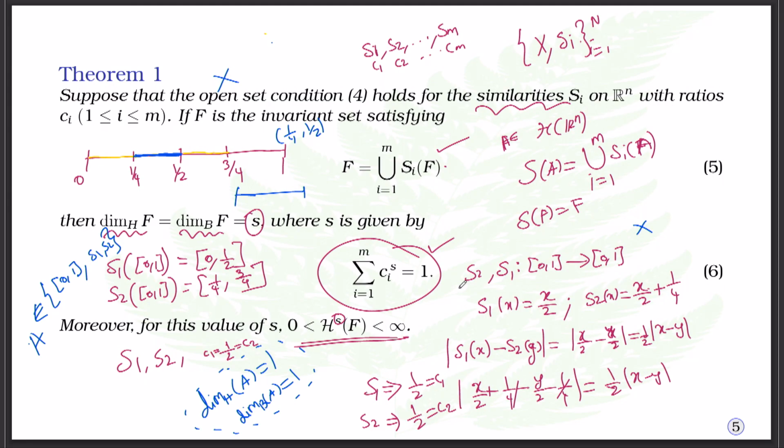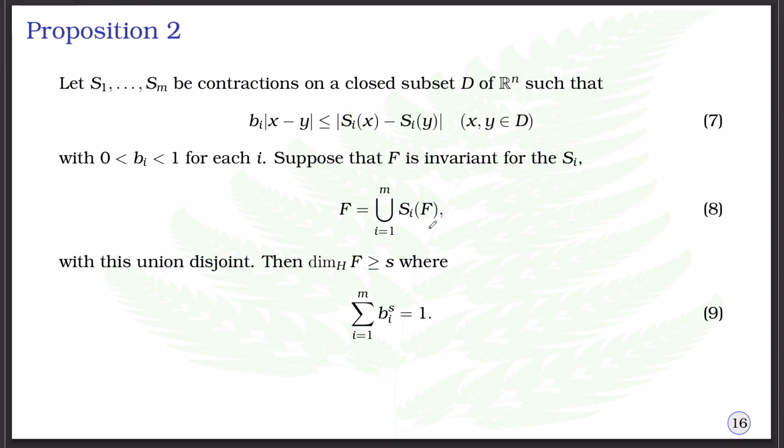So from this lecture one can understand that if you want to find the attractor F for the iterated function system, you can construct the iterated function system in such a way that the ratios satisfy this condition, then the corresponding attractor F has Hausdorff dimension greater than or equal to s. There are two ways we already discussed in the IFS theory.